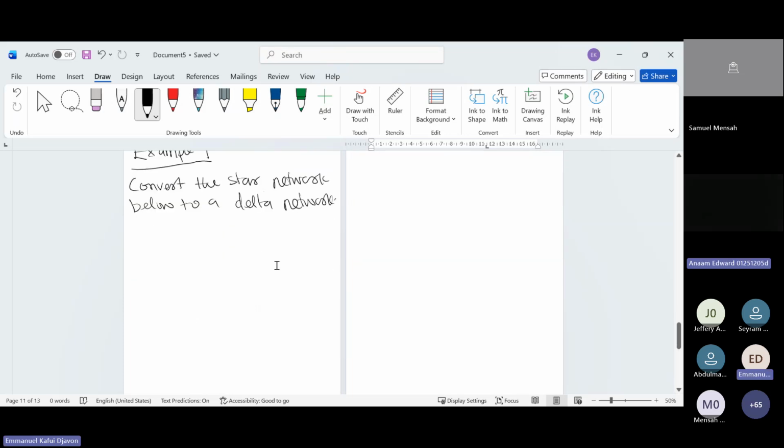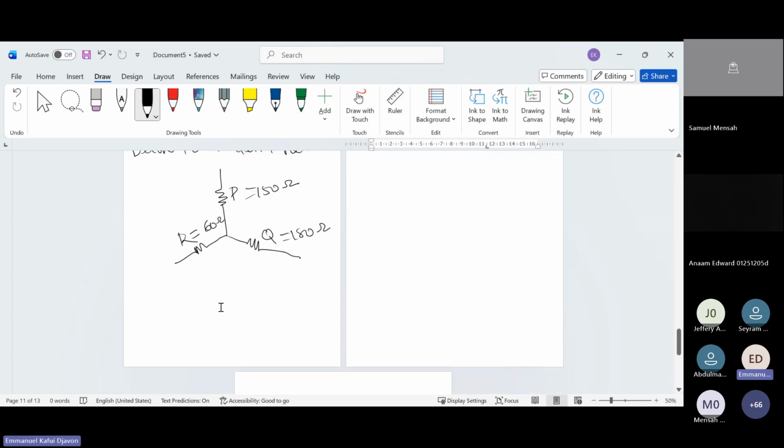So we have something like this. This is P, this is Q, and this is R. Say P is equal to 150 ohms, Q is equal to 180 ohms, and R is equal to 60 ohms. We have to transform this star into a delta.